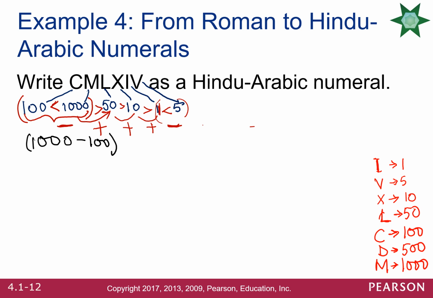All right, so this part here, and then it's plus 50. All right, so let's go to the pen. Plus 50 plus 10, and then plus, again, this is subtraction, right? 1 less than 5 means subtract 1 from 5. So I'm going to use brackets here, 5 minus 1.